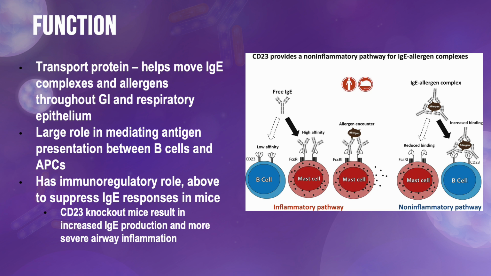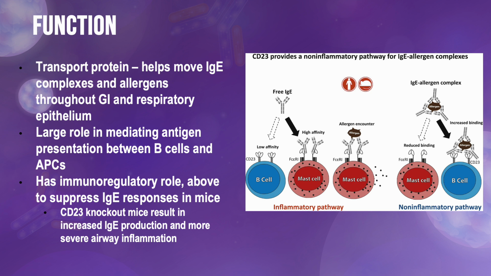This is important because it basically provides a non-inflammatory pathway to sequester IgE. So if you look at this image here on the left, if the free IgE binds to high affinity receptors on a mast cell, this is going to result in all of the inflammatory pathways that we just talked about. It's going to result in degranulation.